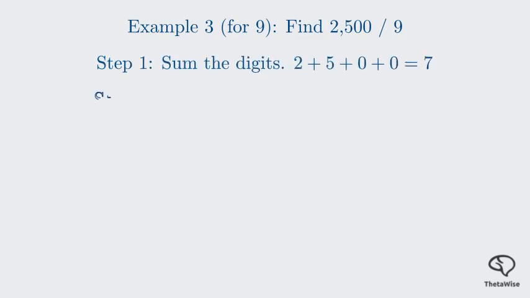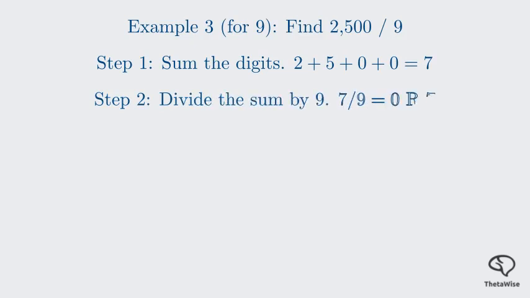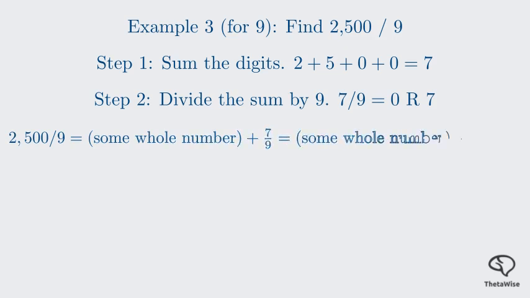Let's do one more for 9. Find 2,500 divided by 9. Sum the digits. 2 plus 5 plus 0 plus 0 equals 7. Divide the sum by 9. 7 divided by 9 is 0 with a remainder of 7. The remainder is 7. So 2,500 divided by 9 is some whole number plus 7/9, which is 0.777.